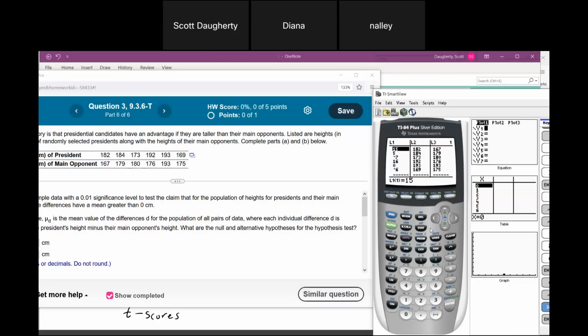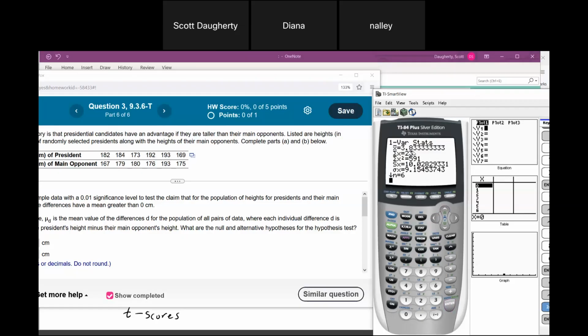Okay. So now when you go to stat calculate and hit one variable statistics, this is the sample mean, which we're calling D bar, but they call it X bar. The average difference is 3.8. This is the average from L1 now, right? My calculator always does L1, I guess. There's no way to change it.